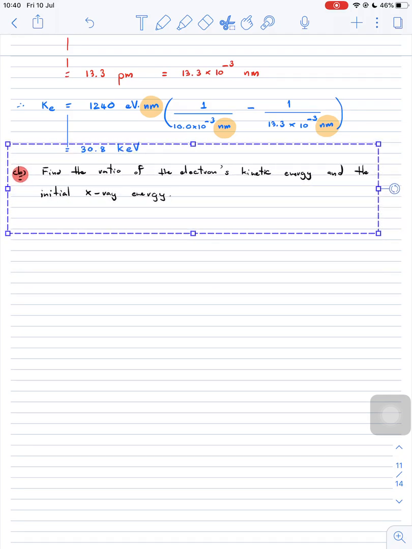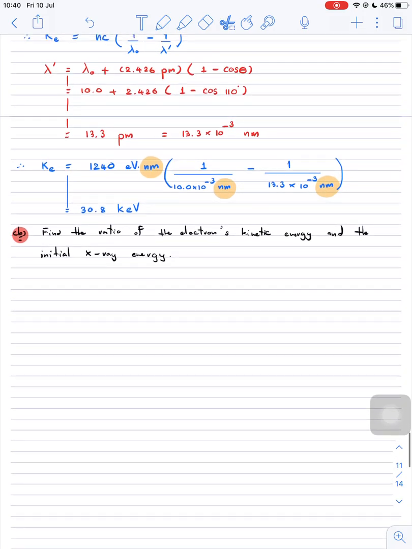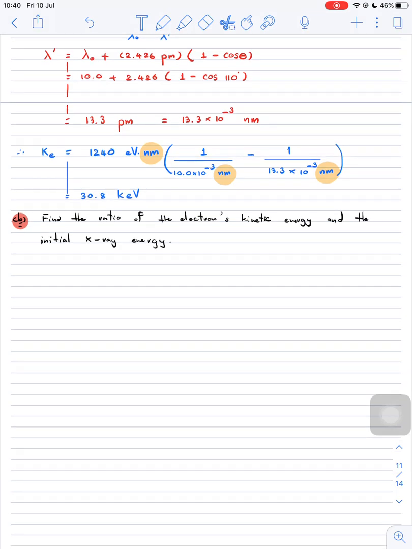Now for part B, we want to find the ratio of the electron's kinetic energy, which is this one, and the initial X-ray energy.